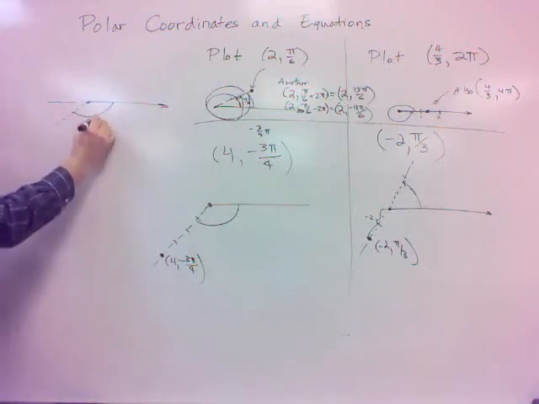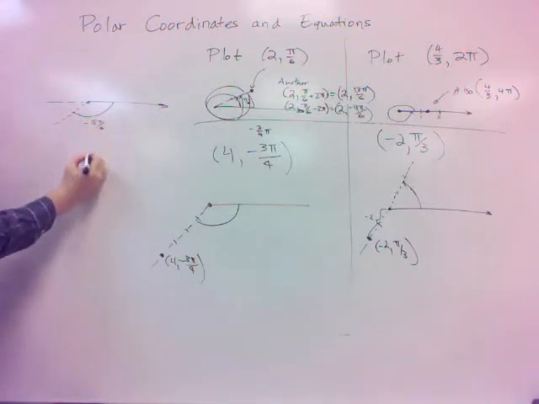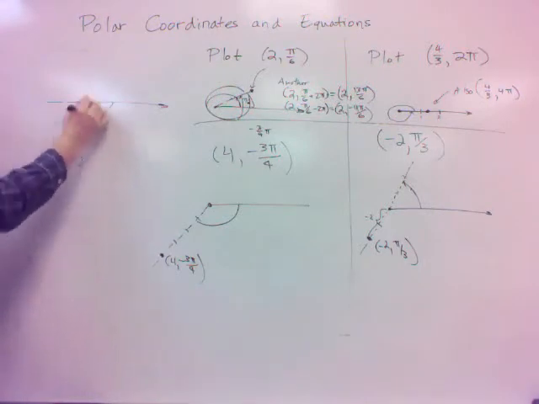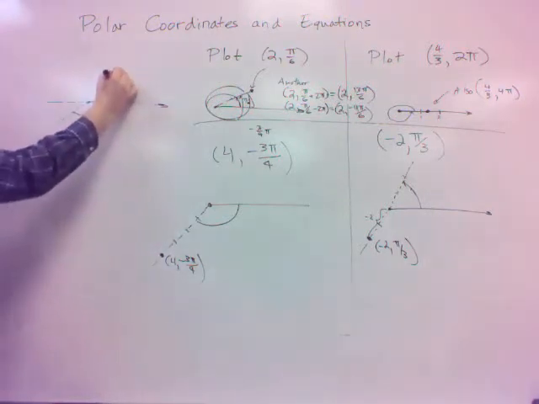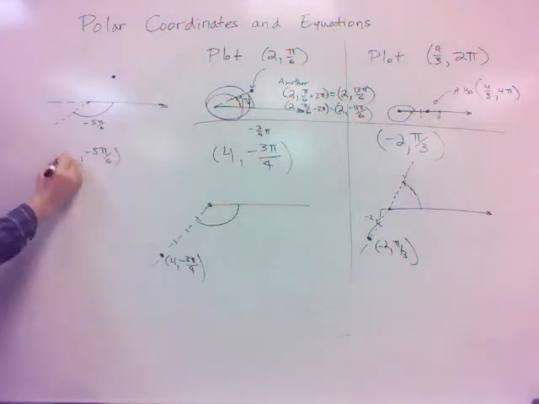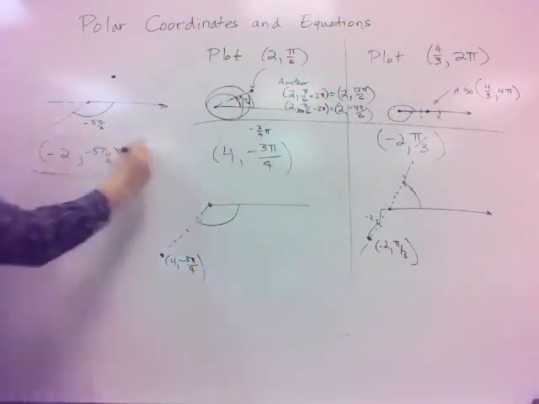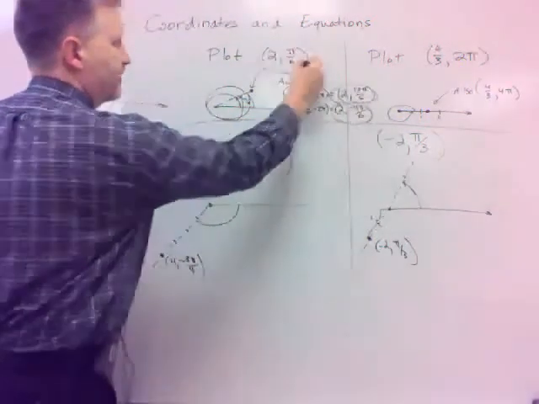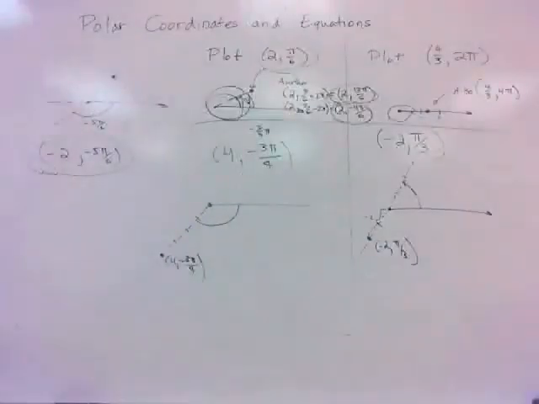So this is negative 5 pi over 6. What point would be right here with the negative 5 pi over 6? What would this r be to get that same point? Negative 2, yeah. Okay, so all these are the names of the same point. So anyway, that's the thing you run into with polar coordinates.